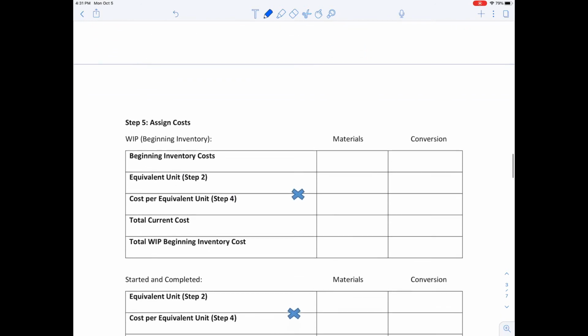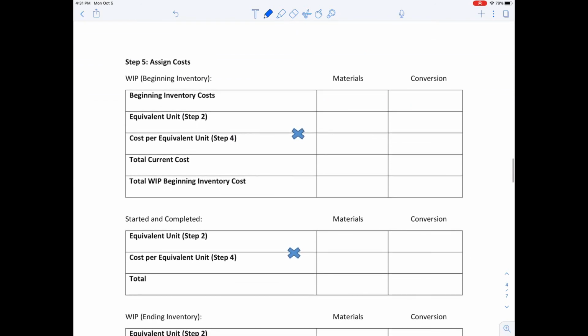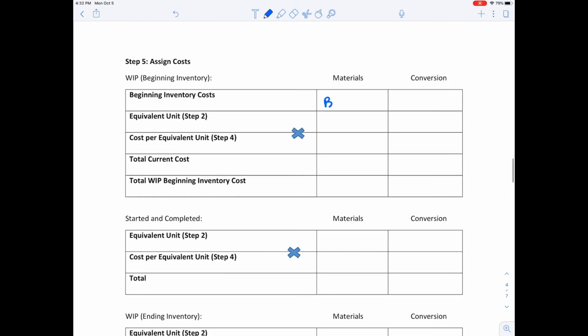Now I can come down to step 5. In step 5, we again are doing exactly like we did for the weighted average, but this time we're breaking apart that beginning inventory piece to make sure we account for those costs that were added just during this period.